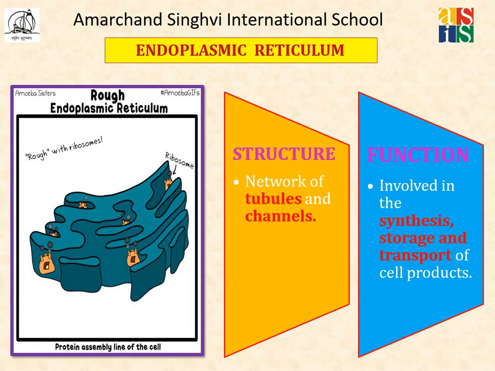Endoplasmic reticulum is basically involved in the synthesis, storage and transport of cell products. If the endoplasmic reticulum has ribosomes present on it, then such endoplasmic reticulum is called rough endoplasmic reticulum, and these ribosomes are responsible for the synthesis of the proteins.